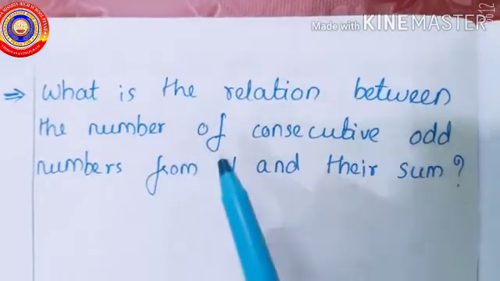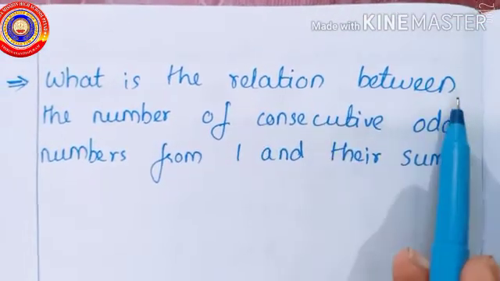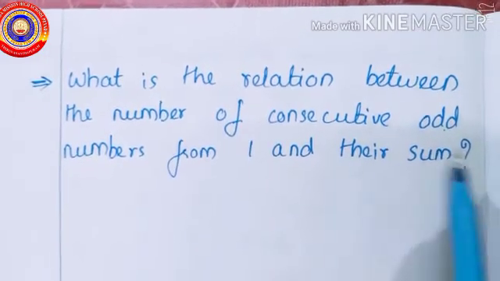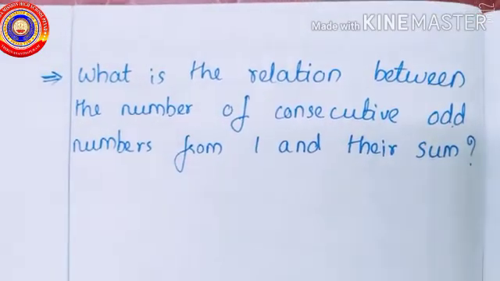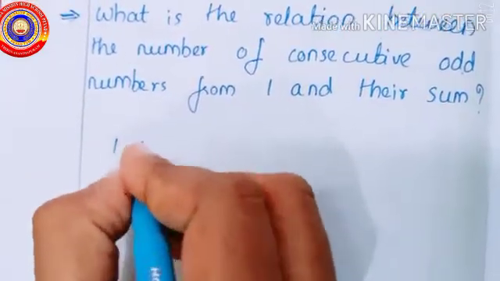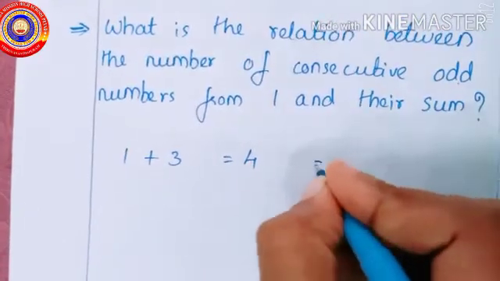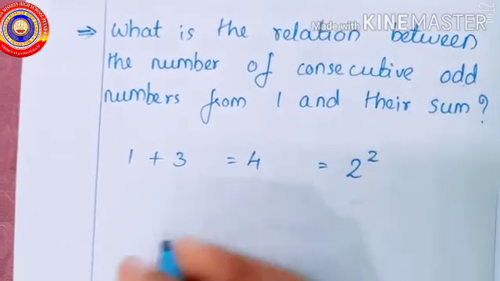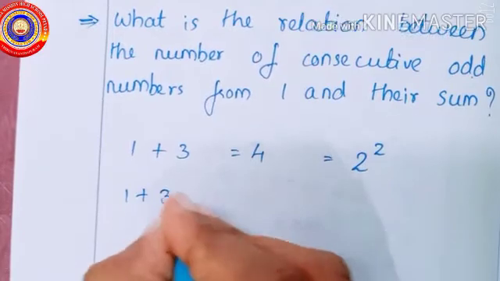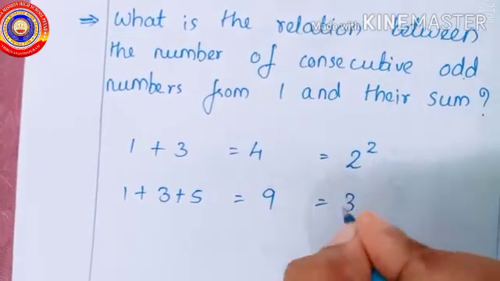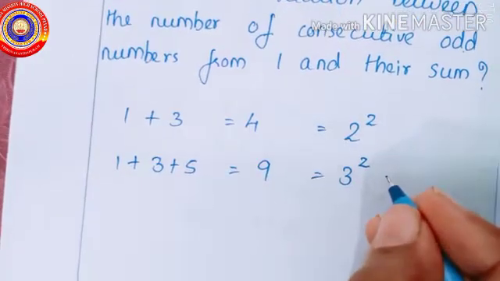Next question. What is the relation between the number of consecutive odd numbers from 1 and their sum? Let's write the consecutive odd numbers from 1 and their sum. First one is 1 plus 3, that is equal to 4. 4 is 2 square. Next is 1 plus 3 plus 5, which is equal to 9. 9 is 3 square.